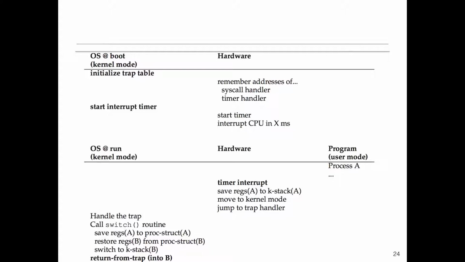So if you look at this, corresponding to each process, there is something saved. Save register state to the process structure. This is giving you some idea of the kind of data structures which are maintained, and you store all of these.